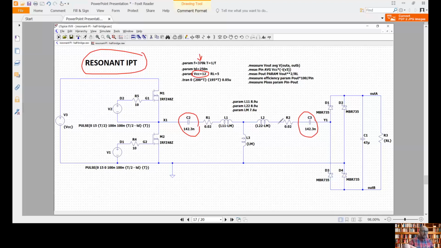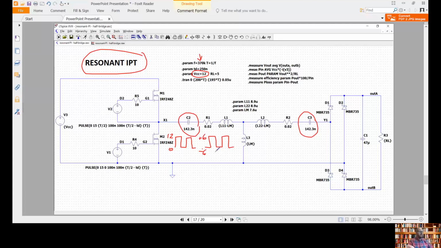Same thing with the output one. So at the end, the square waveform that we are generating here, which is going to be between 0 and 12 volts, we are going to have here after the capacitor a square waveform between -6 and +6.